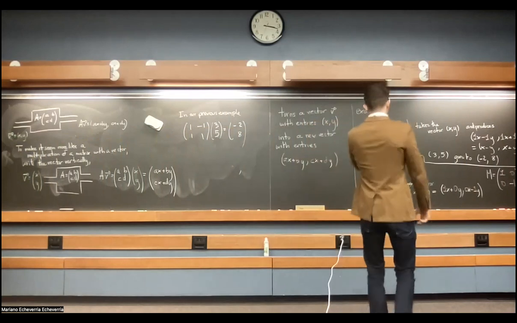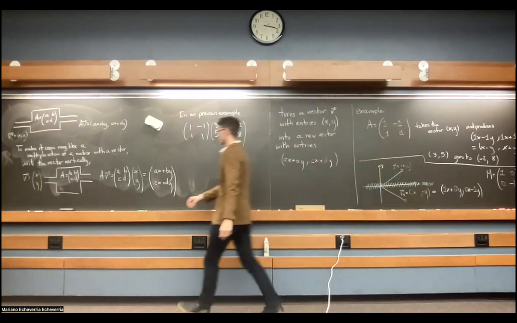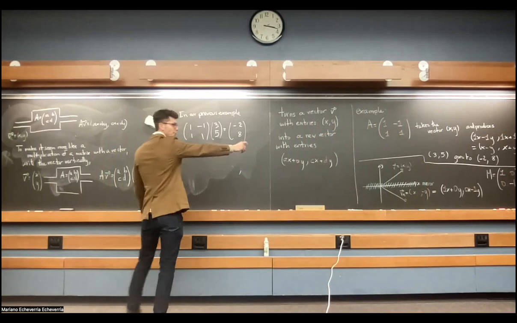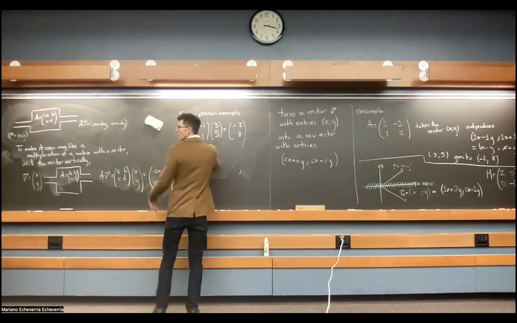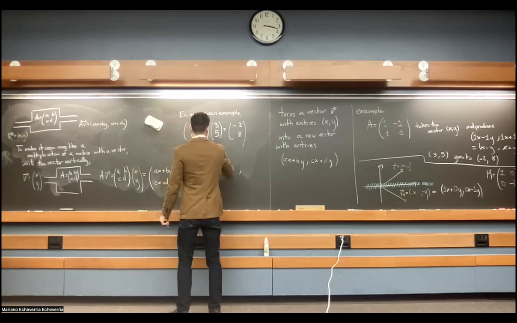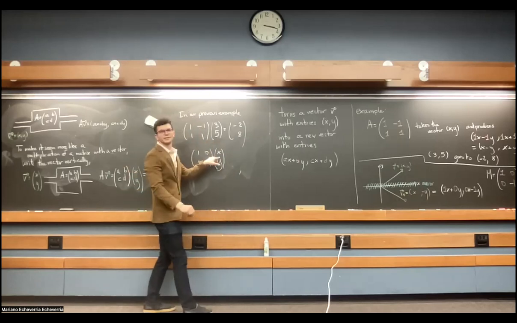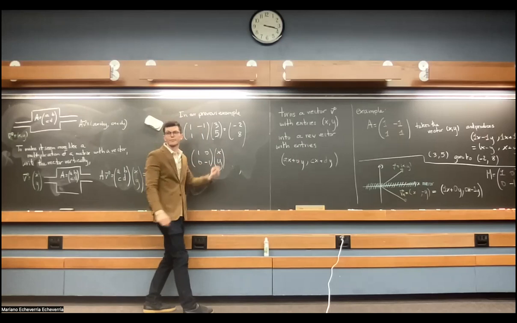Or the other one that we just did would have been this mirror matrix, if you take 1, 0, 0, -1, and you apply this process to x, y, you got x, -y, right?